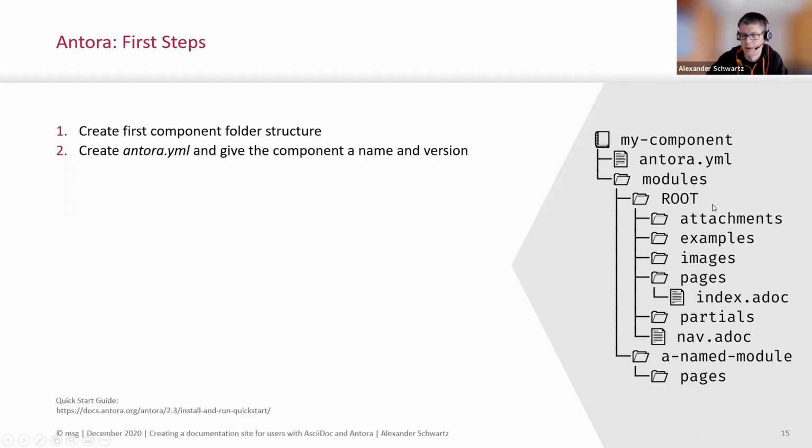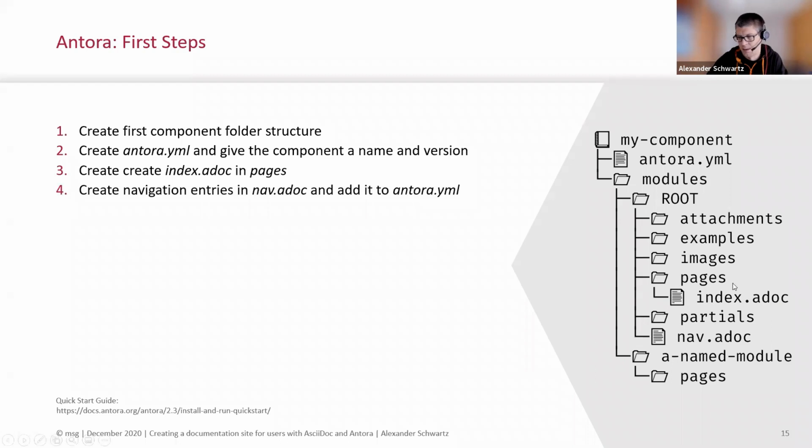ROOT would be the default folder, but you can have any number of other folders, like this named module down here. In these folders, you will have lots of these page families I talked about earlier. But as you want to have a start page, you will put an index.adoc in the pages folder, and also create a navigation outline in the file nav.adoc.